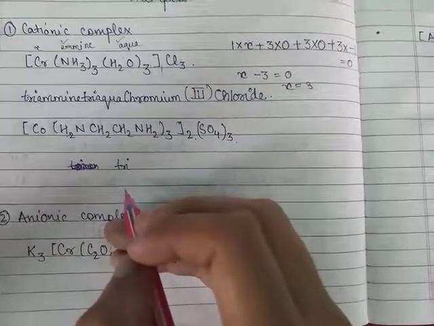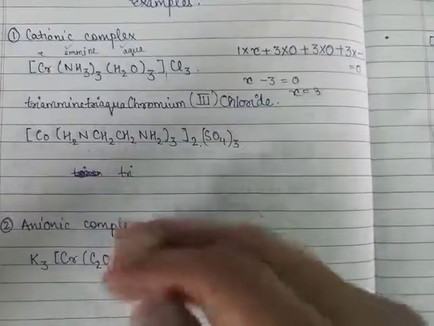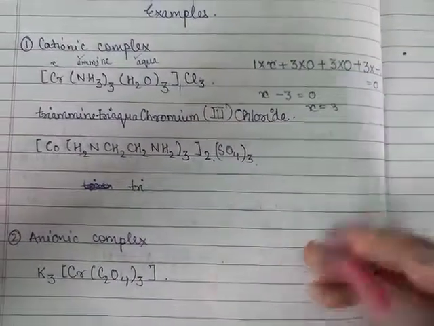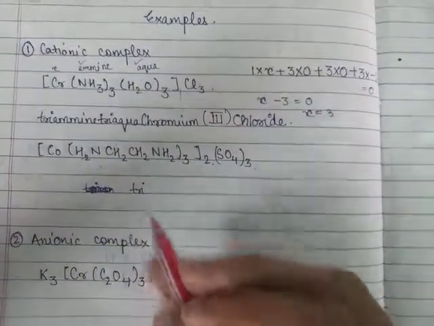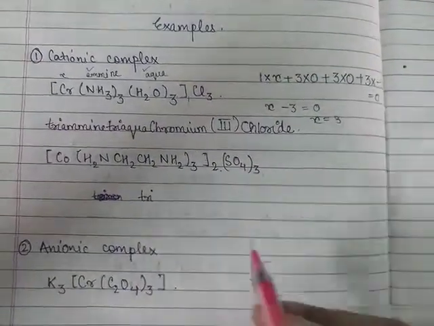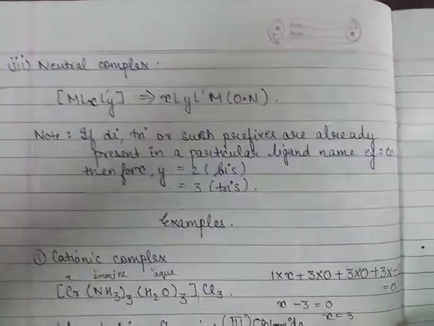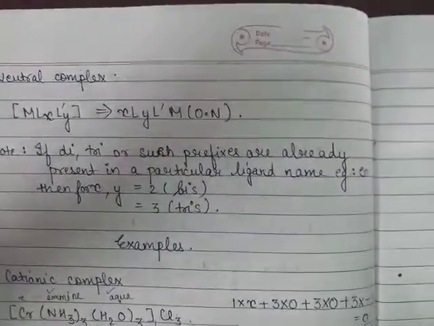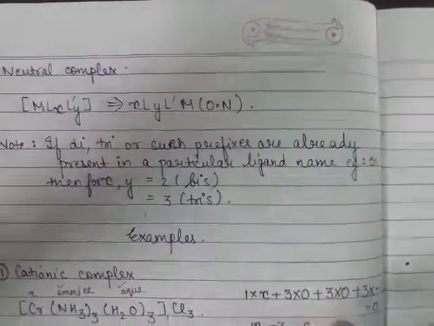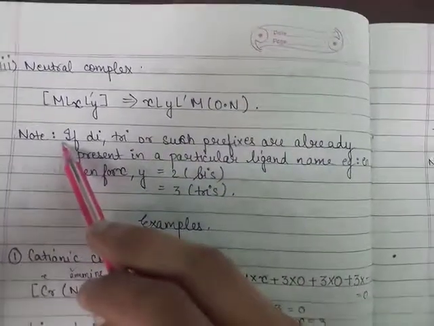But let me tell you, this ligand will be named in a different way. In this ligand, the name base tris will be used. Why? There is a particular reason for this. That's the reason why I created a separate video, because it was getting too long. Okay, so this is an important note.